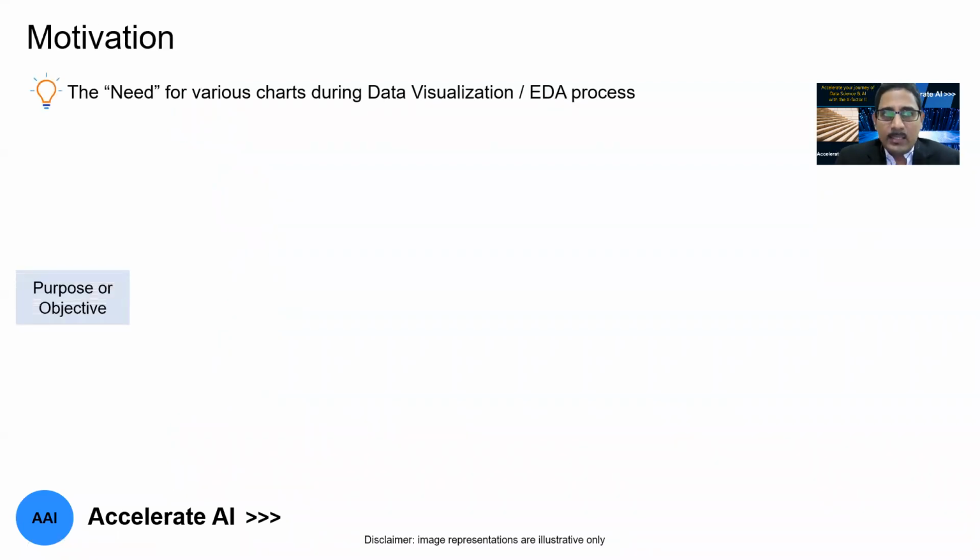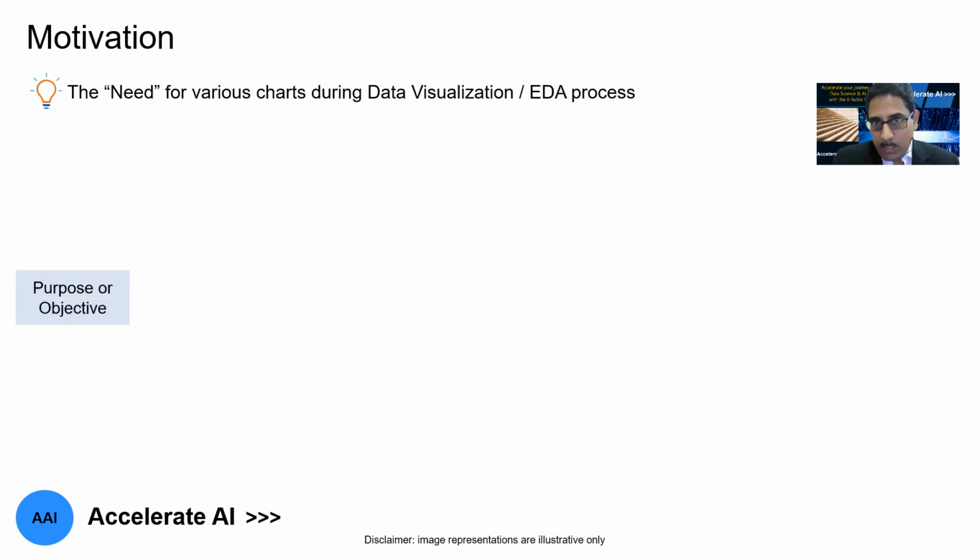First of all, when we look at motivation towards what is the need for data visualization or the exploratory data analysis process, the business objectives are many. Based on that, what type of charts to be used and what type of color combinations and different aspects have to be followed are to be kept in mind.